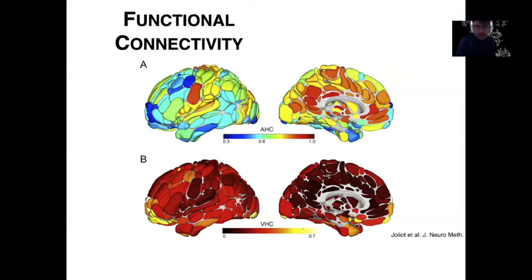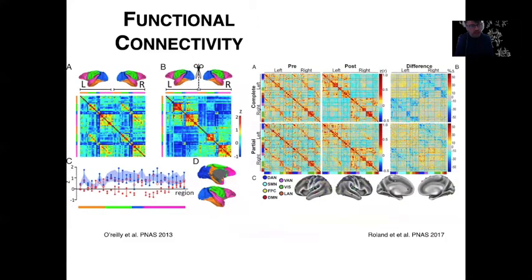Now, I know what you're going to ask. What happens to these correlations if we cut the corpus callosum? And I'm glad you asked, because in 2013, O'Reilly tried this experiment in monkeys, doing a section of the corpus callosum and the entire commissure, so no communication between the left and the right hemisphere. You can see on the left part of this slide that before the surgery, in A, you have a correlation matrix.